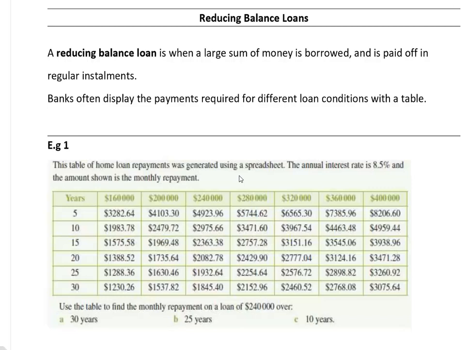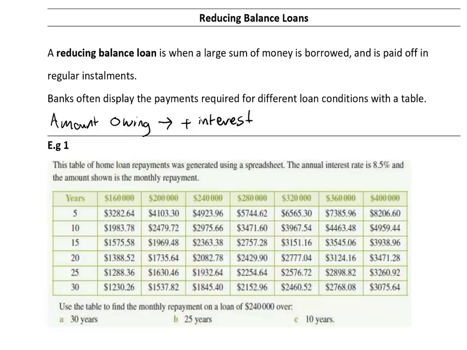The first thing that we need to know about a reducing balance loan is you always start with an amount owing at the start of the month. And then before you pay back anything, the interest is added.